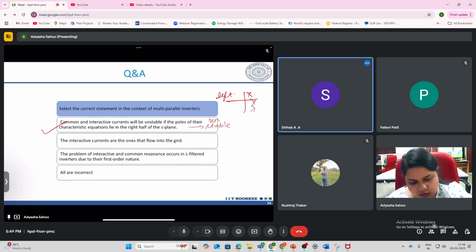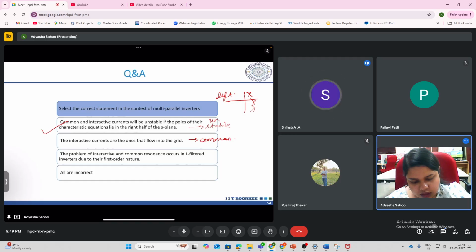Interactive currents. No, this is the common current which flows into the grid. And if interactive and common resonance occurs in the L filter, we mitigate that effect in the L filter, right?